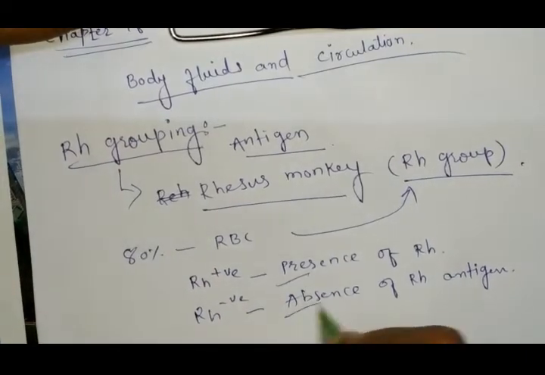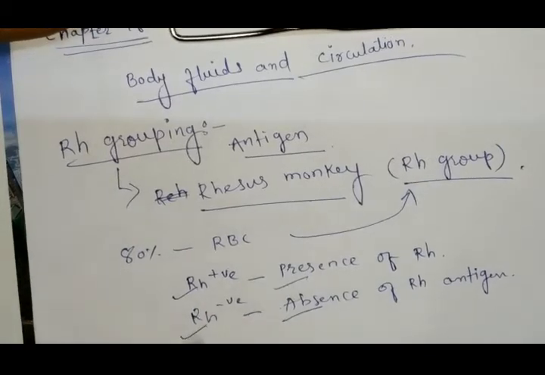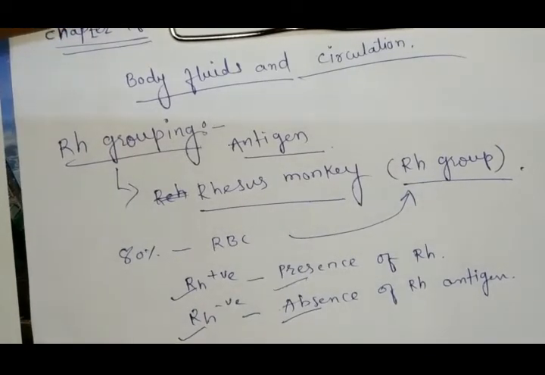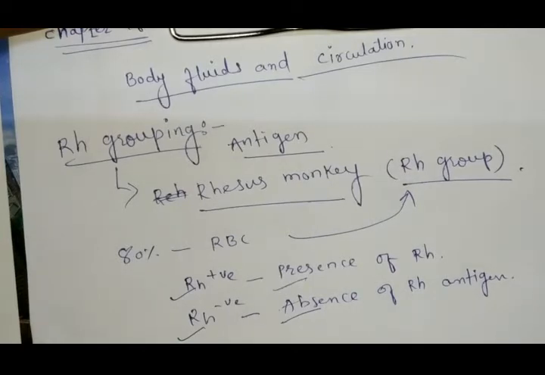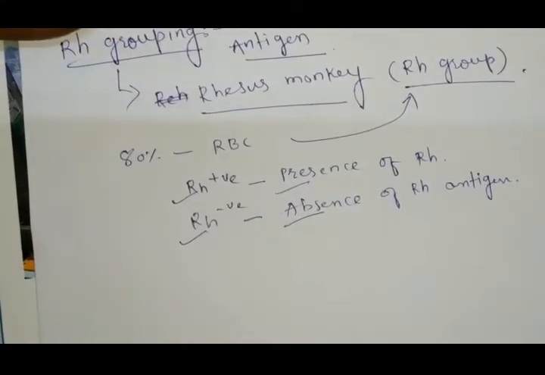This presence or absence means Rh positive and Rh negative individuals. An Rh negative person, if exposed to Rh positive blood, will form specific antibodies against the Rh antigen.